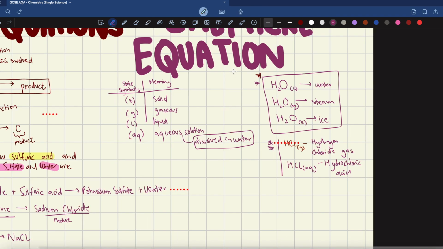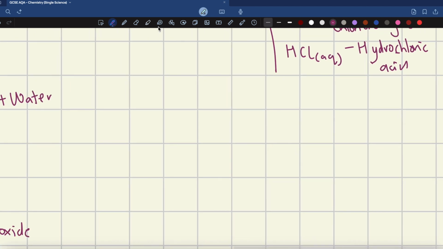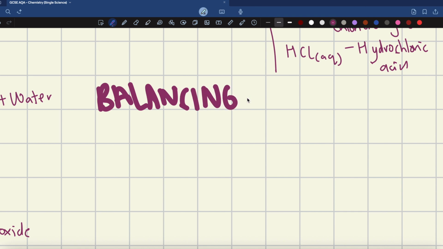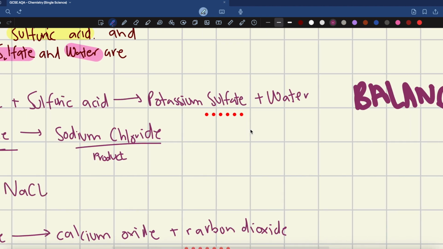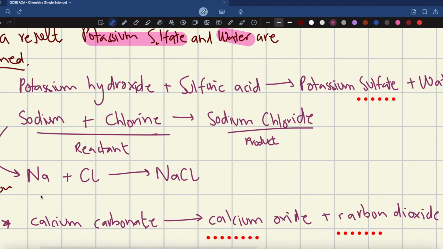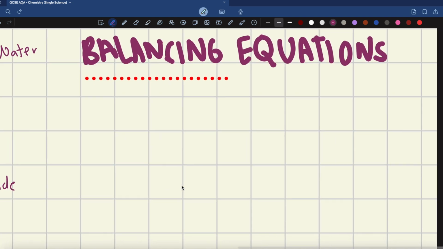Now we are moving on to the concept of balancing chemical equations. Let me give a nice clear heading: Balancing equations. Let's take the example that we took here: Na plus Cl forming NaCl.